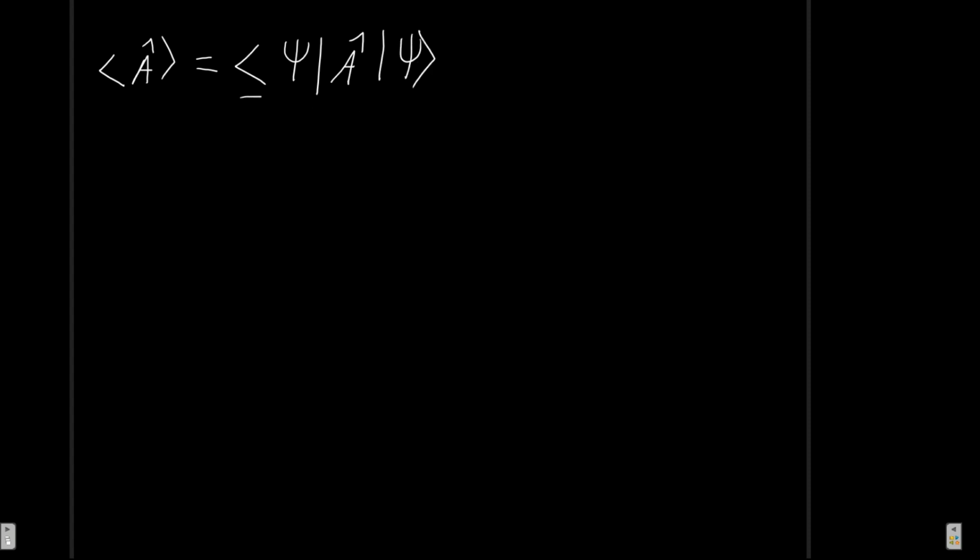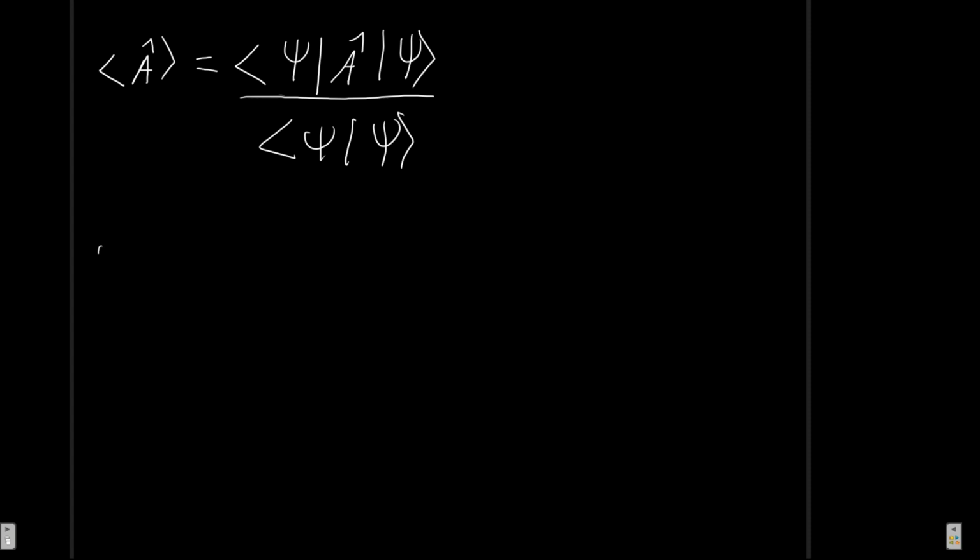And it's very important, this is divided by the inner product of psi with itself. And if the ket psi is normalized, then this is just 1, and all that we have to deal with is this. That's why it's always so nice when the physical states are normalized, because then we don't have to take this part.